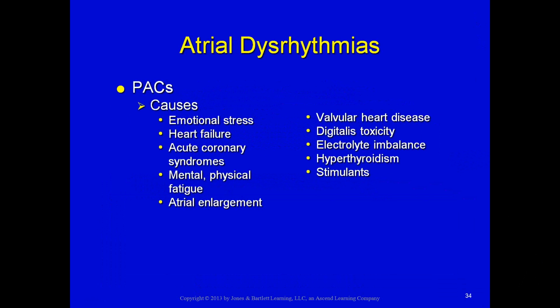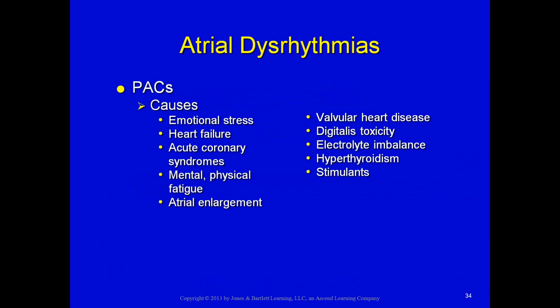And again, as I had mentioned, they're normally benign. If they are bothersome because they're coming real frequently, particularly in the case of stimulants, if you're drinking a lot of caffeine and you can feel a lot of irregular heartbeats, then you just eliminate the caffeine, and when that is metabolized out of your body, those PACs go away.